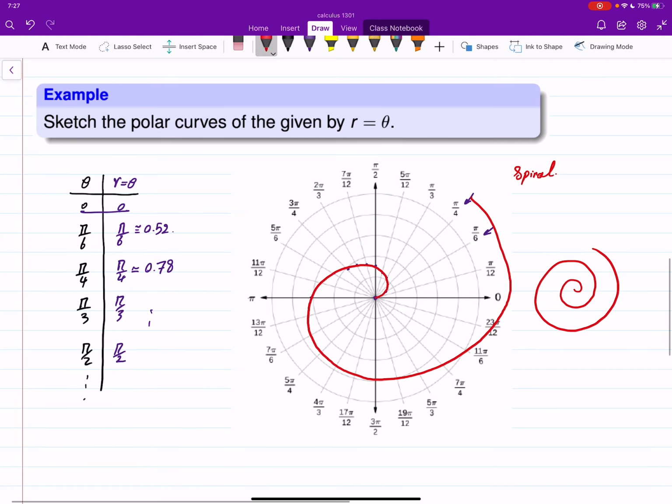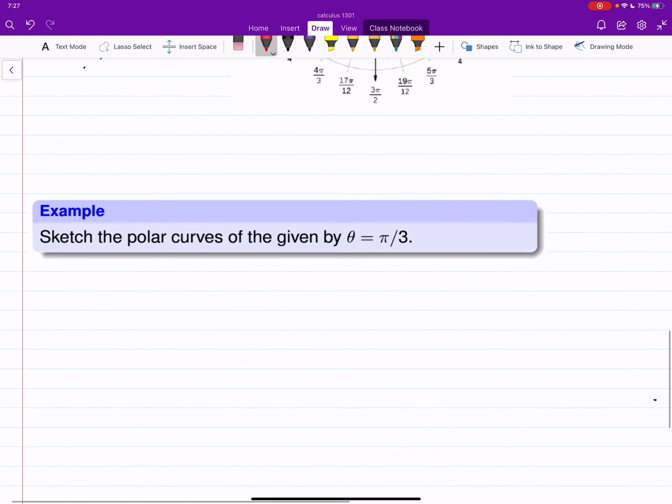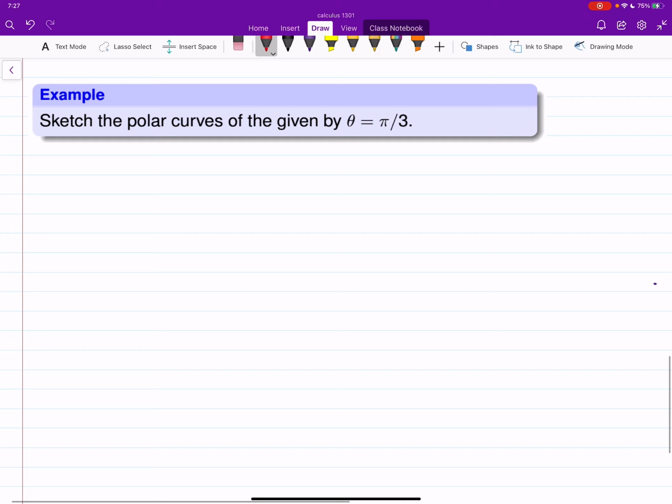Okay, and one last easy one. Theta is pi over 3. This is a little bit different, but theta equal to pi over 3 means that everything is happening on a straight ray. So theta pi over 3 is somewhere here.